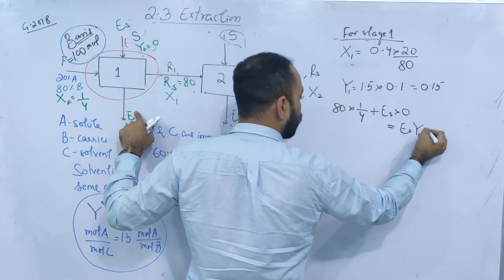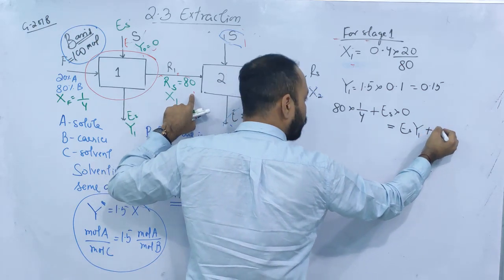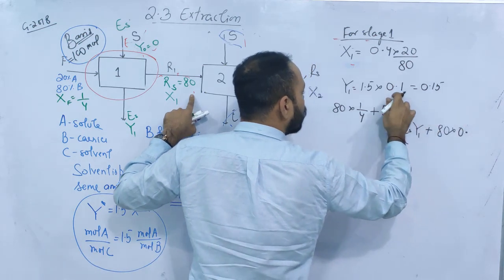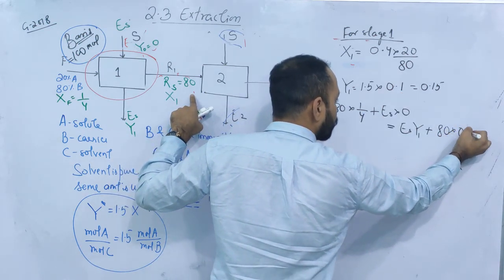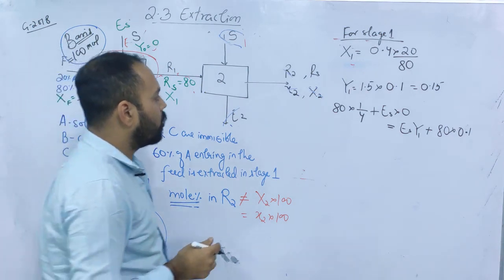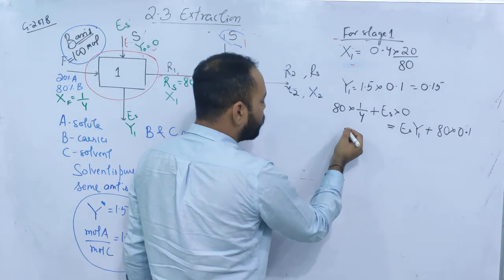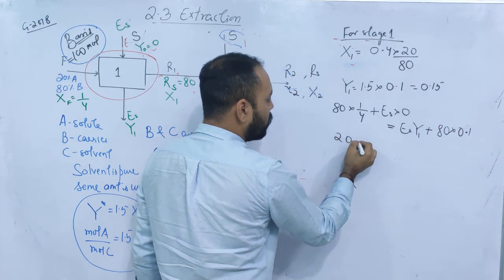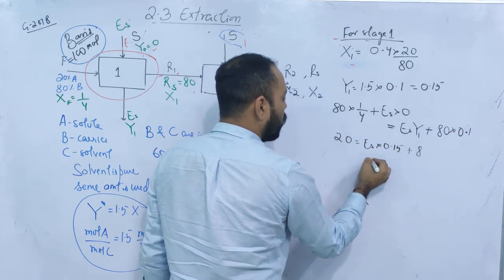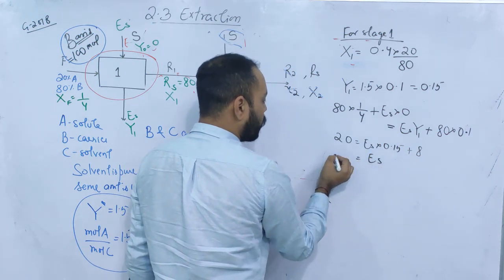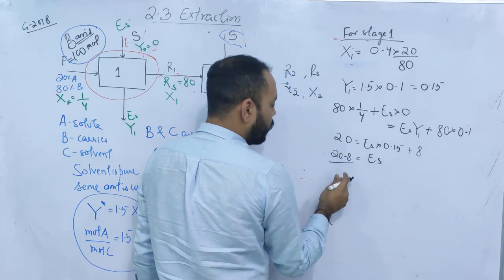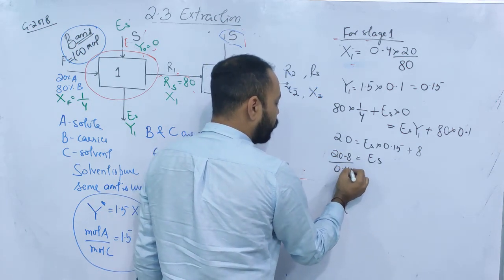and plus 80 multiplied by X1, and X1 was equal to 0.1. Fine. From here you can calculate the value of ES. Y1 is 0.15, so that can be substituted. This becomes 20 is equal to ES into 0.15 plus 8, and therefore ES is equal to 20 minus 8 divided by 0.15.